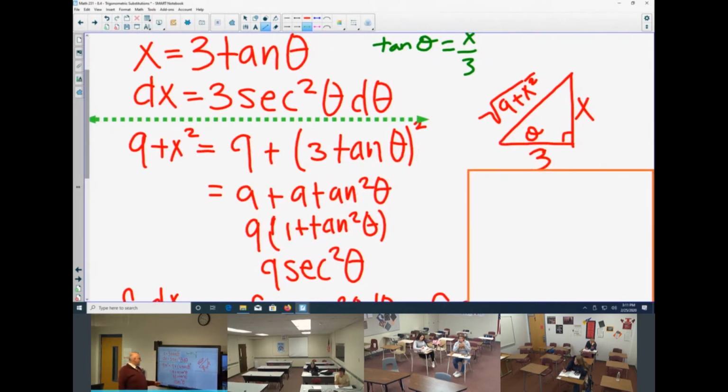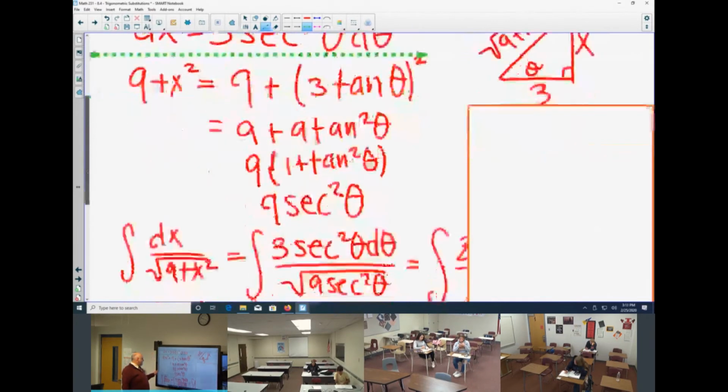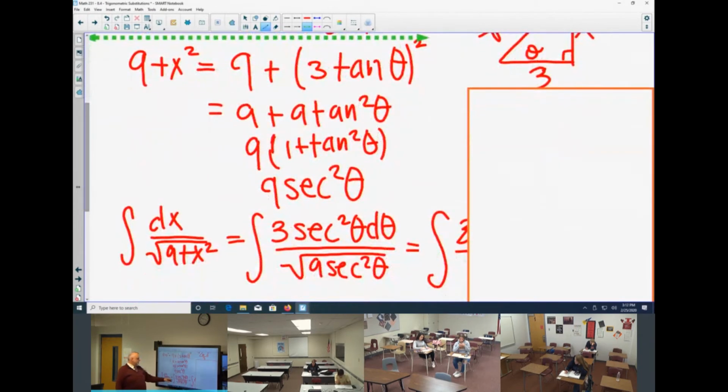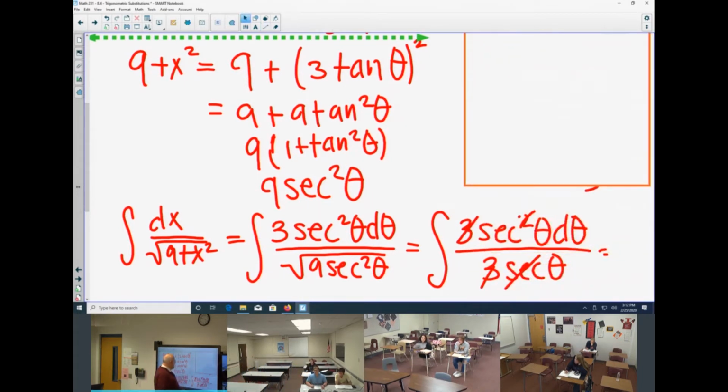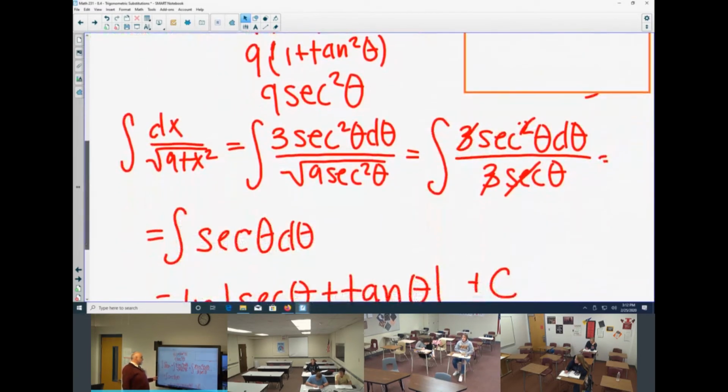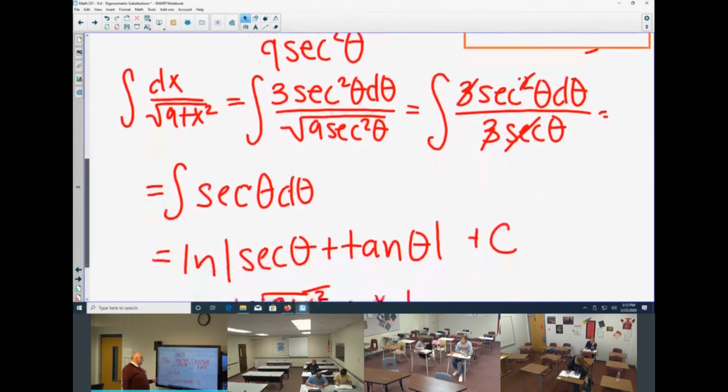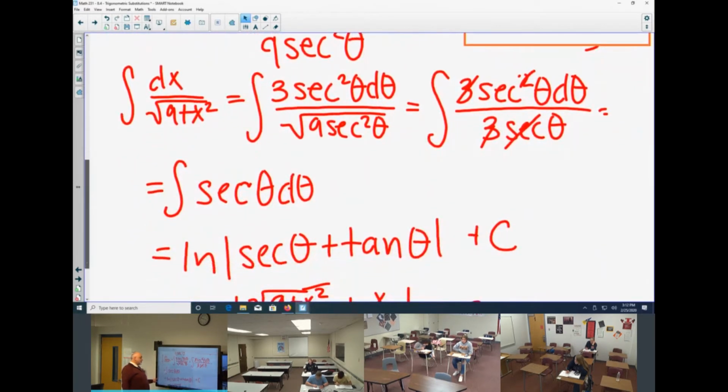So now when you put that under the radical, then see the square root of 9 is 3. Square root of secant squared is secant. So both of those are going to come out. And so now when the secant cancels with one of them on the top, the 3's cancel. So once again, you're just left with the integral of secant theta, which is the natural log of secant theta plus tangent theta.